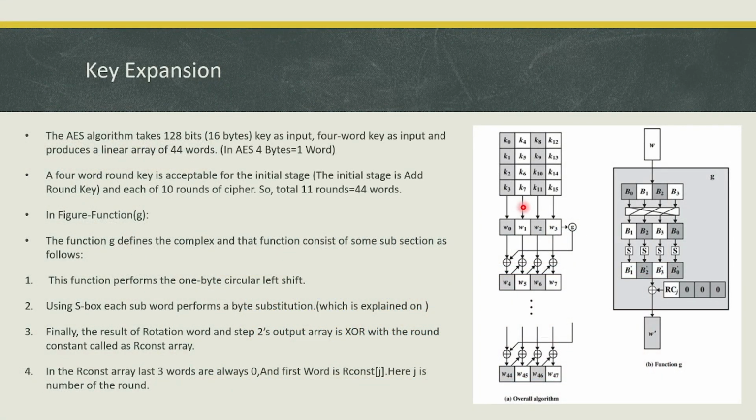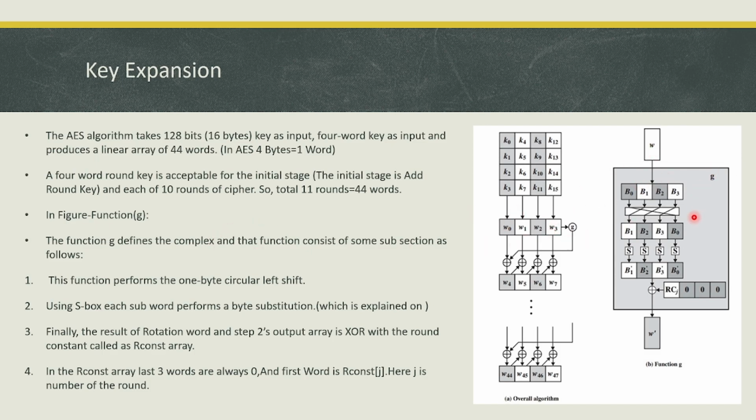So how can we generate these 44 words? This is our 4 cross 4 key matrix. This first column represents the first word, the second column represents the second word, and the last word will be processed with the G function. So what is the G function? I have elaborated this in this diagram. W represents the words.